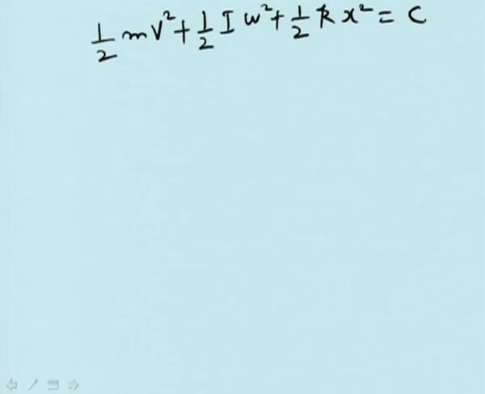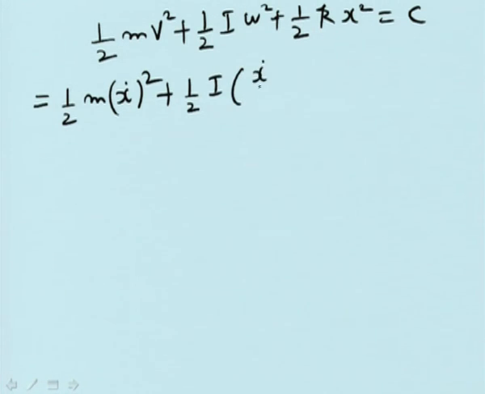Now in this case this can be written as half m x dot whole square plus half I x dot by r whole square plus half k x square.